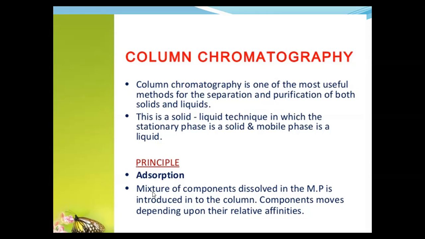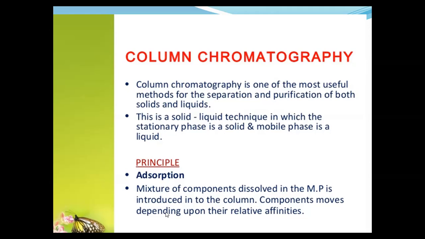So here a mixture of components dissolved in the mobile phase is introduced into the column, and the components move depending on their relative affinities. How does this column chromatography work? First we take a mixture of components which are to be separated.